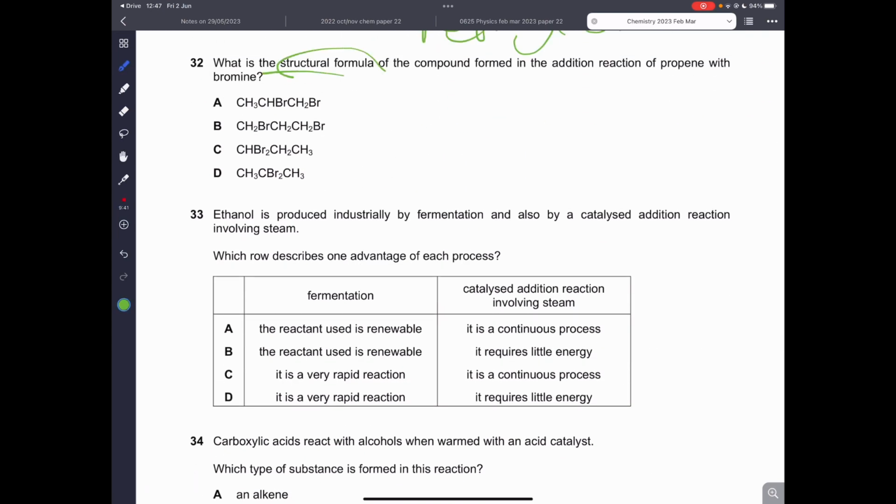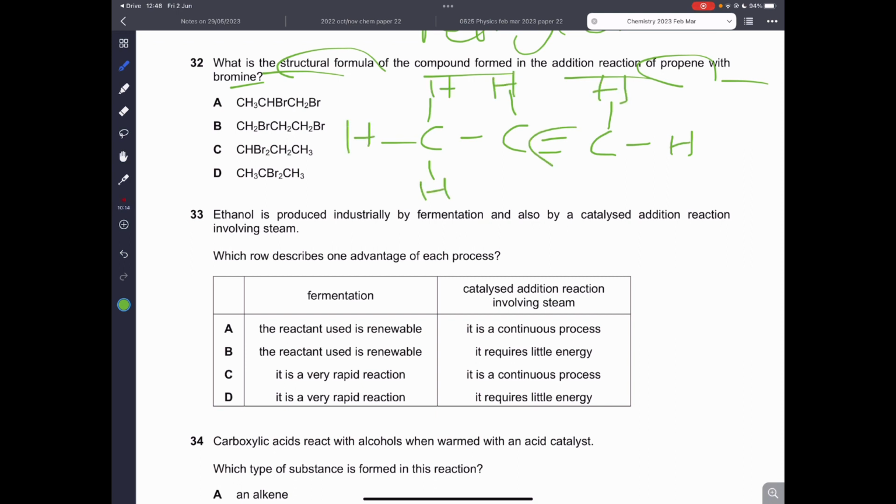32. What is the structural formula of the compound formed in the addition reaction of propene with bromine? Now there's a reaction called bromination. Let's just draw this out. There's a double bond here because it is propene.